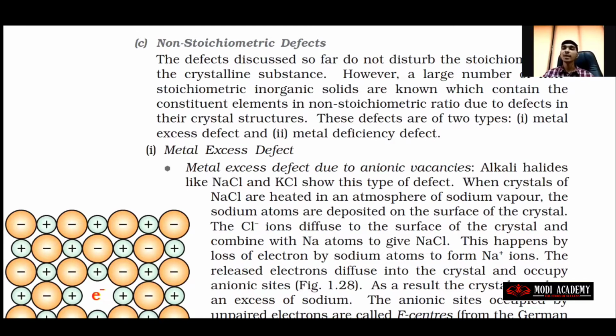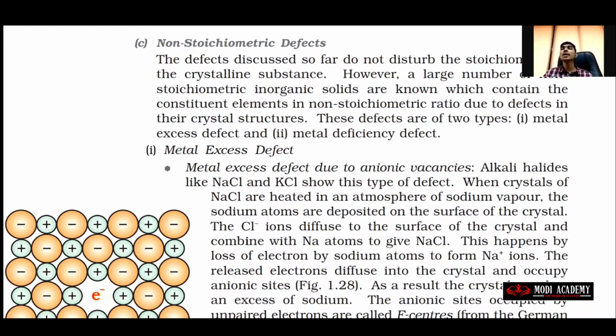And the other is the metal deficiency defect, meaning a compound involving a metal, such as a metal oxide. Sometimes the metal is in a higher proportion than the actual stoichiometric ratio, so it is called a metal excess defect. The other type is the metal deficiency defect.